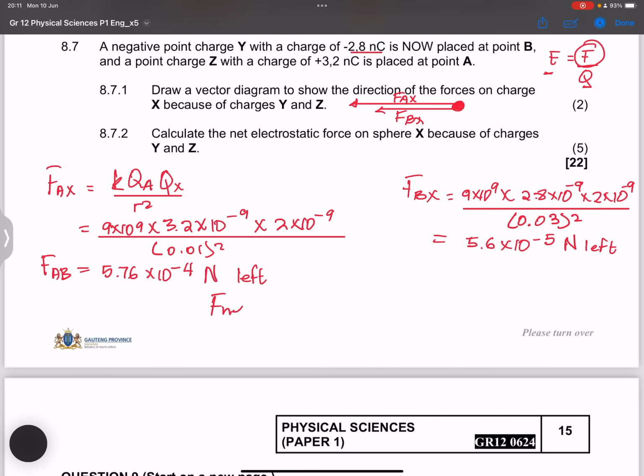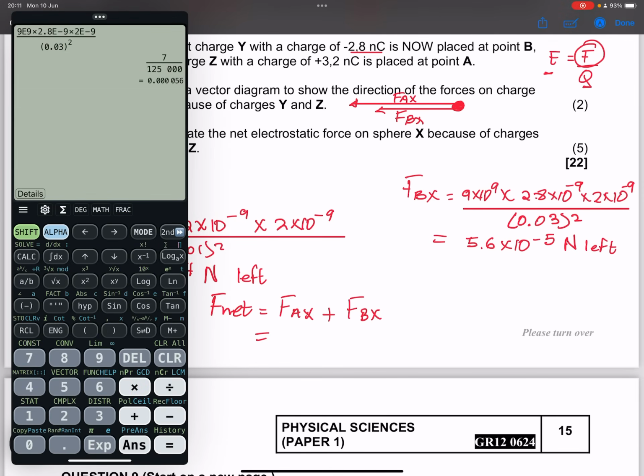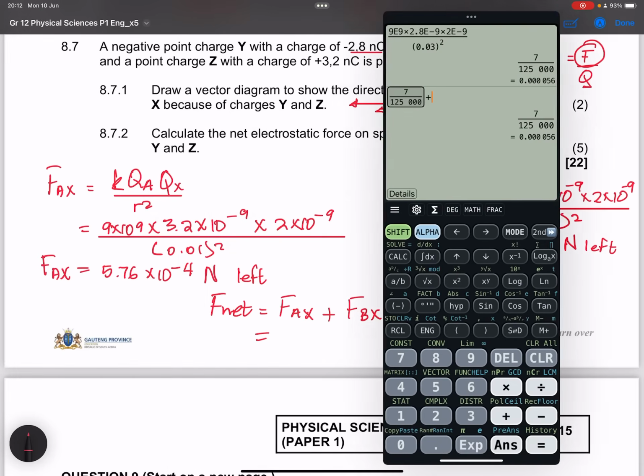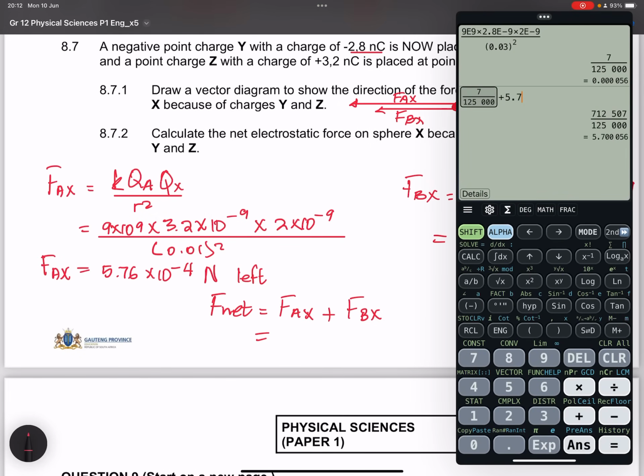So we are going to simply say it's going to be the force of A on X plus the force of B on X. So we can actually add the two up. All right, so I've got that value there, plus the 5.76 exponent negative 4. All right, and what do we get for a final answer?